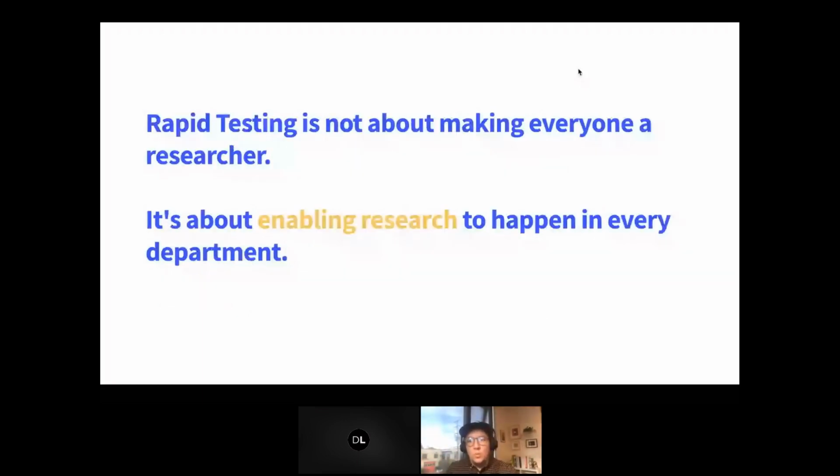When you think about the construction of user researchers to designers, user researchers to engineers, rapid testing really breaks that open and says it's not about making everybody a researcher, but instead enabling research as a practice to happen across every department. So if you're a product manager or a product marketer or a designer or even a stakeholder, how are these individuals equipped with the ability to run research and do so at scale and very quickly?